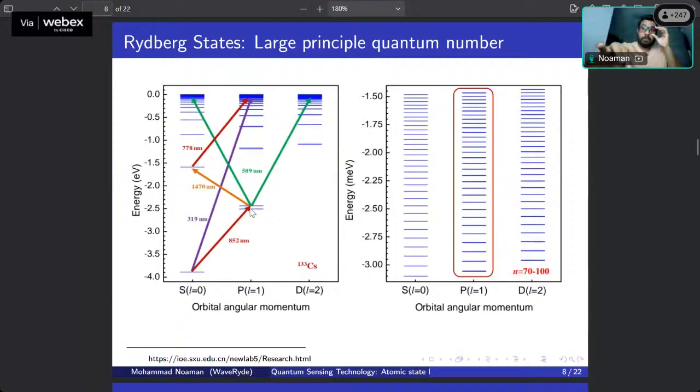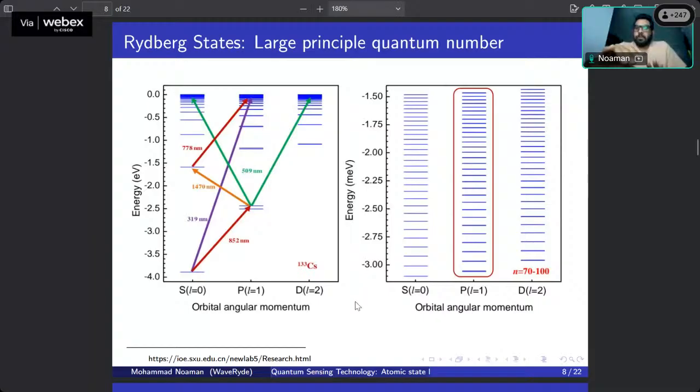But S to P, and then you have 6s, 7s, 8s, 9s, and it keeps on going. The P states keep on going the same way, and the energy scales as 1 over n squared, so they come closer and closer. This is the zoomed-in picture of these three around n equals 70 to 100. You can see their spacings coming closer.